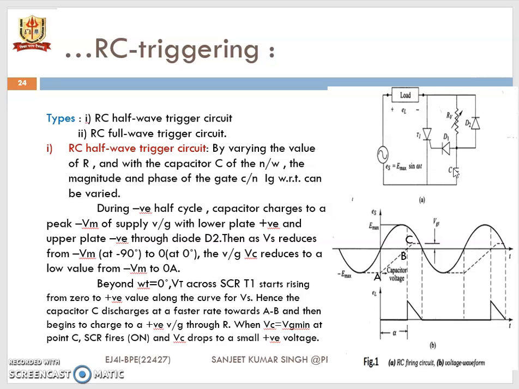When this voltage is equal to Vg min, the minimum gate voltage required, plus the voltage drop across diode D1, say 0.7 volt, then the SCR is turned on and the main load current will flow through this path, the SCR.